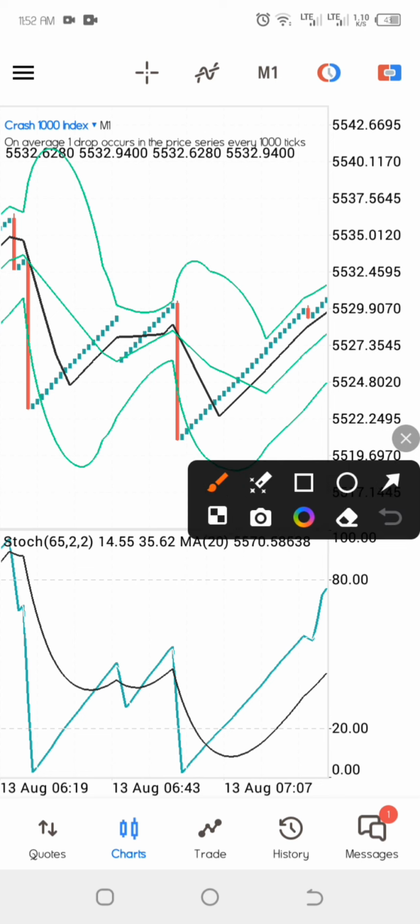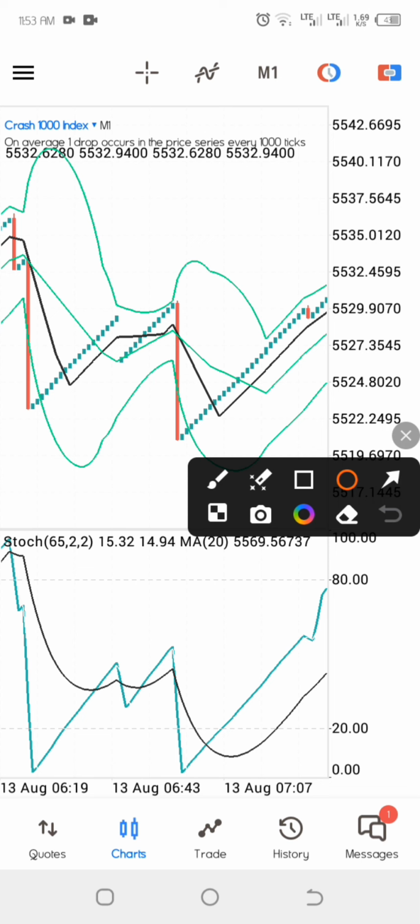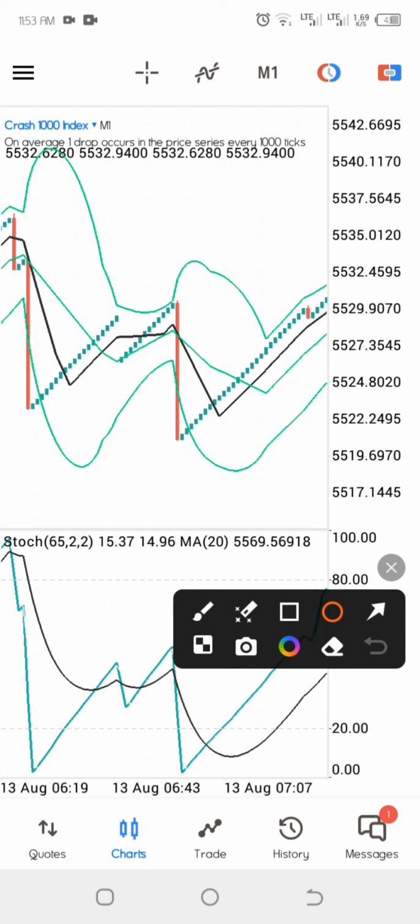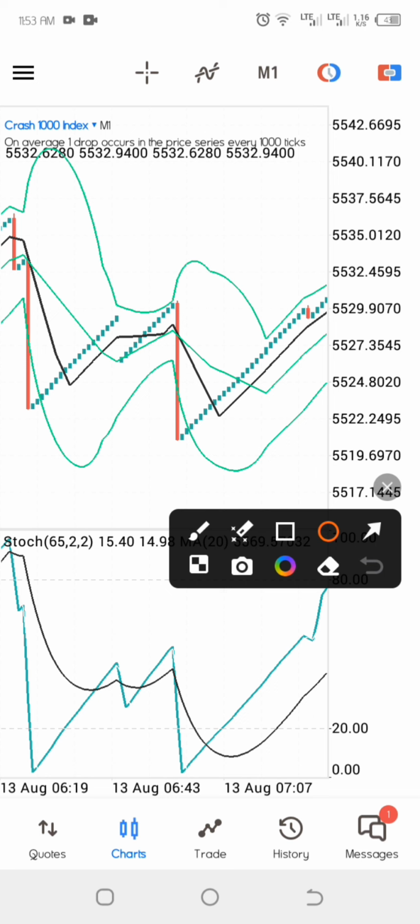Whenever you want to take a trade, you always look for something right here. Whenever you see the moving average and the stochastic oscillator line at the 20 levels, then you are looking for one thing: you want to see the stochastic oscillator line cross above the moving average.